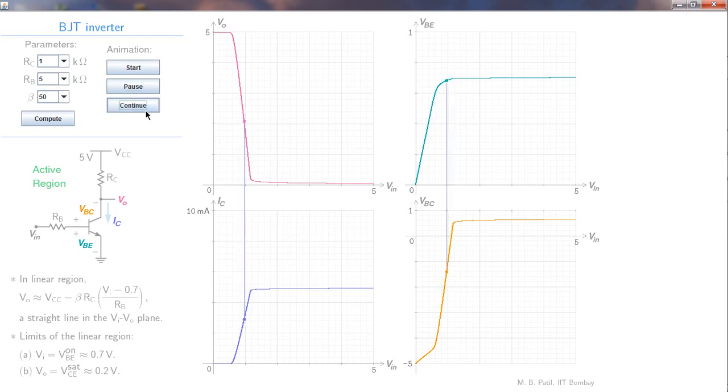Let us continue. At this point we enter the saturation region. VO has become equal to VCE sat because the transistor has entered saturation. VCE sat is like 0.2 volts or smaller, and that is what we see here.